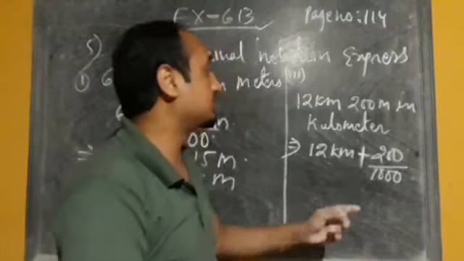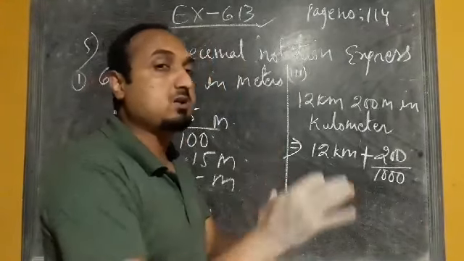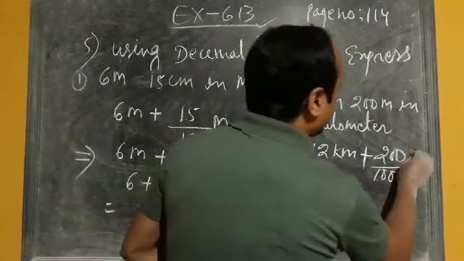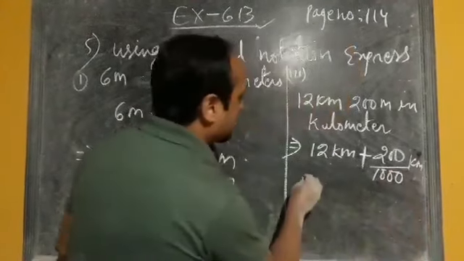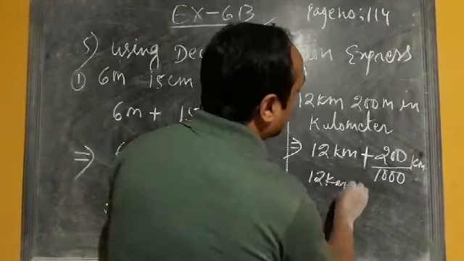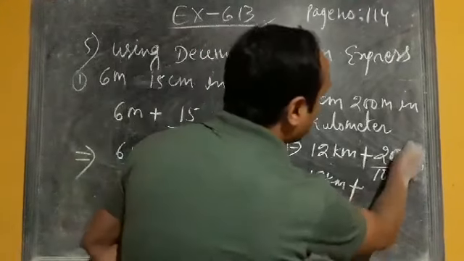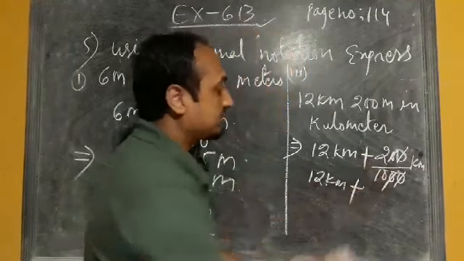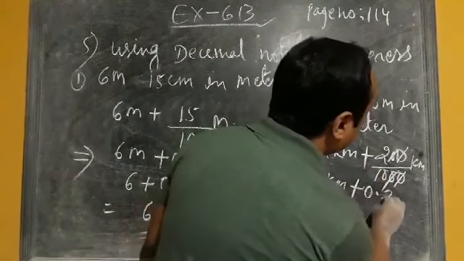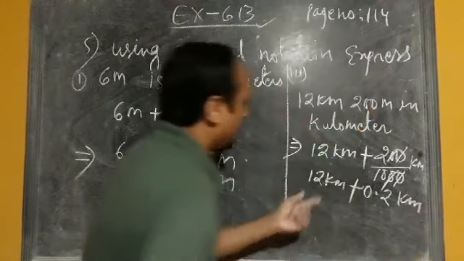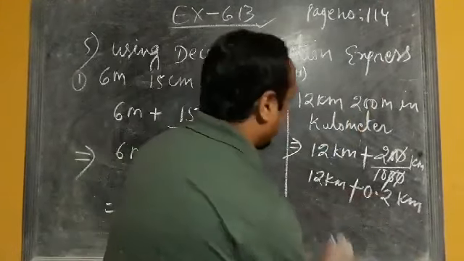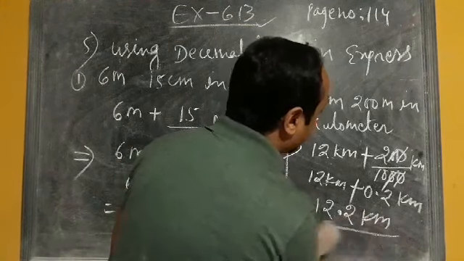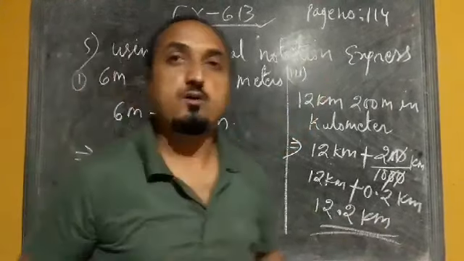Now this one will be in kilometer. So 12 kilometer plus, we can cancel the zeros, 2 by 10, which can be written as 0.2 kilometer. Now 12 plus 0.2 can be written as 12.2 kilometer. So this is the answer for question number 5.